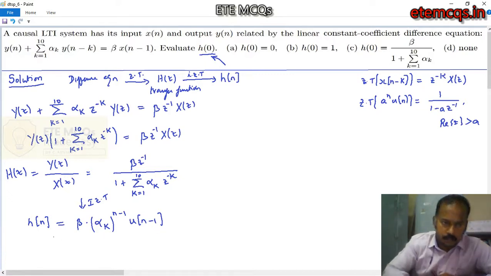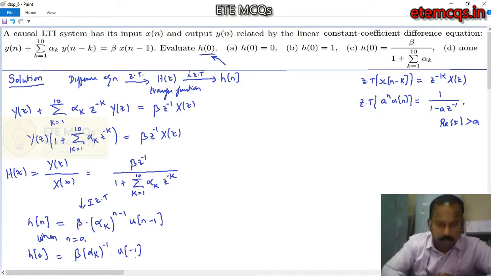When you substitute n is equal to 0, h of 0 is equal to beta into alpha k the whole power minus 1 into u of minus 1.